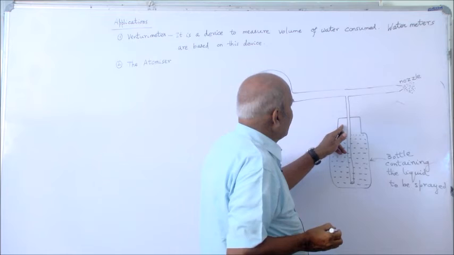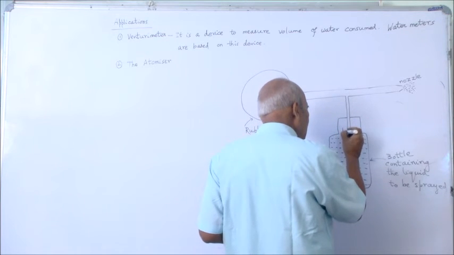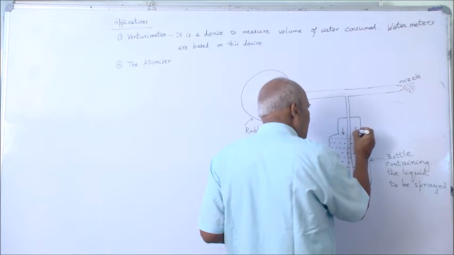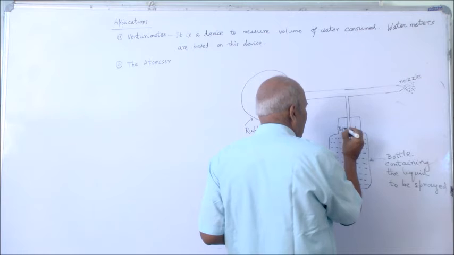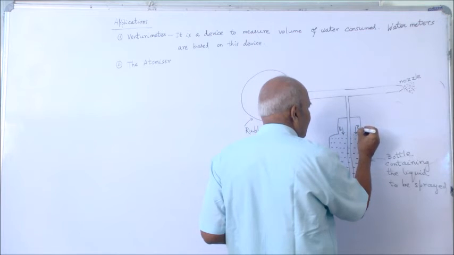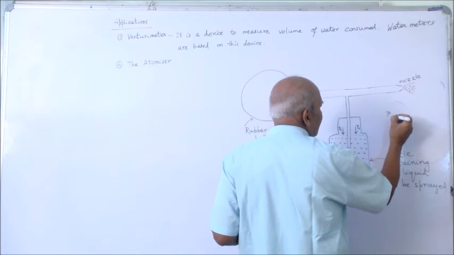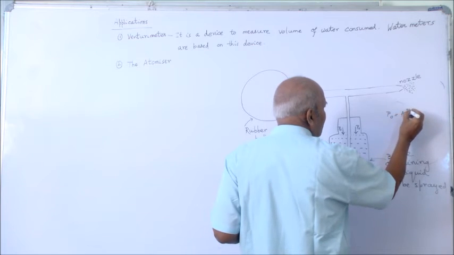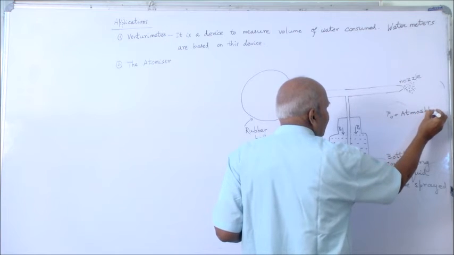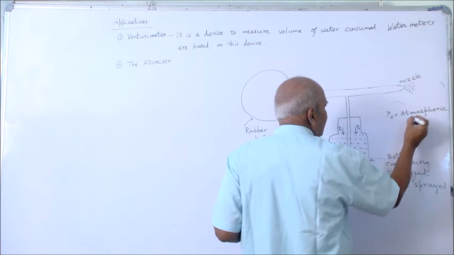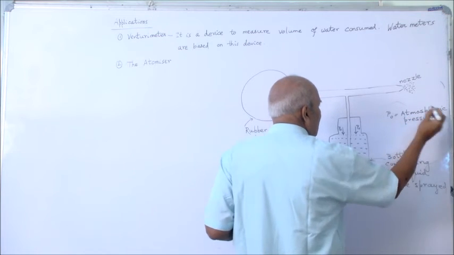If some air is inside the bottle, then the pressure on the liquid, downward pressure, is the atmospheric pressure. So P0 is equal to atmospheric pressure. P0 is the atmospheric pressure.